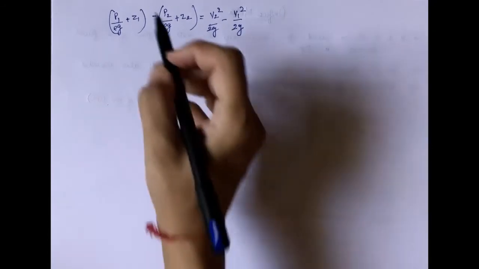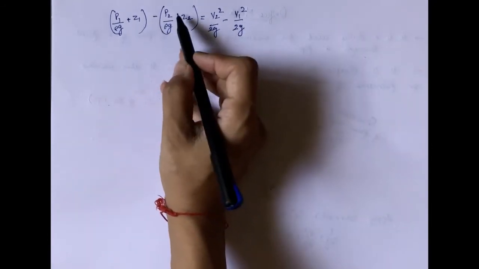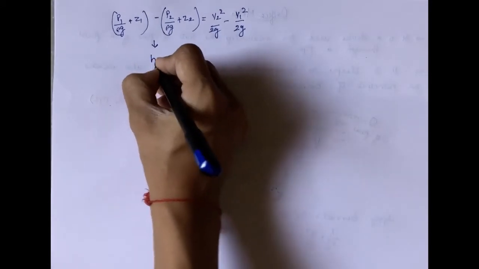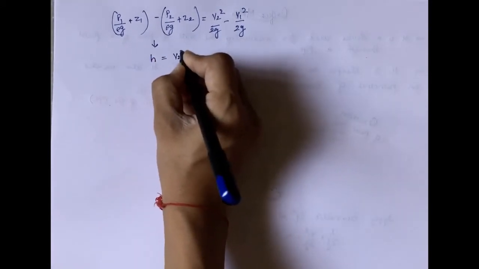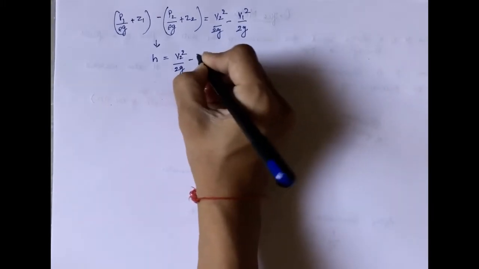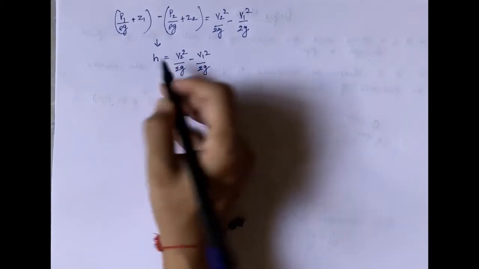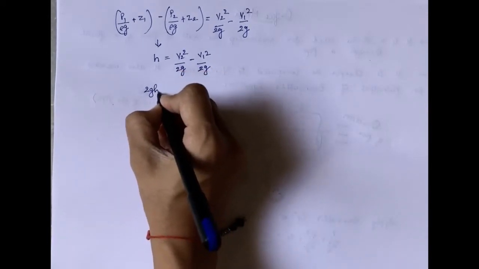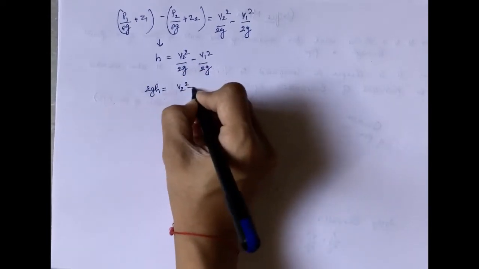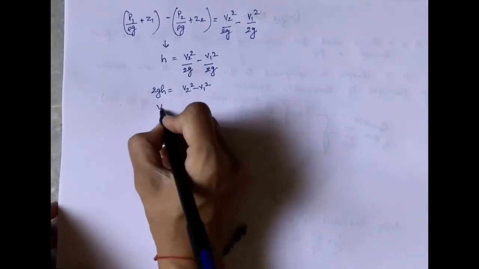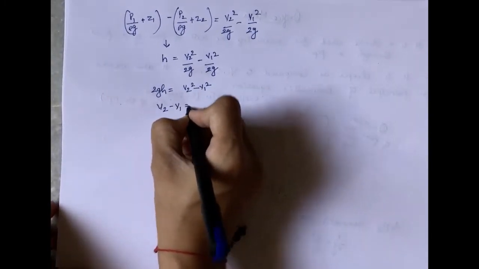But P1 by rho g plus Z1 minus P2 by rho g plus Z2 is equal to the differential head H. So, H is equal to V2 square by 2g minus V1 square by 2g. Taking this 2g with the H, 2gH is equal to V2 square minus V1 square.